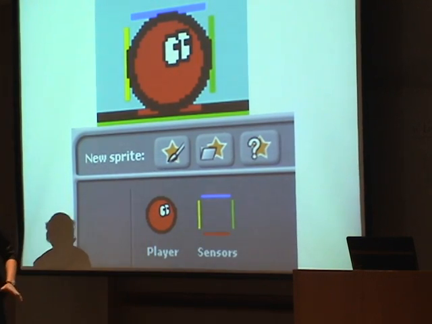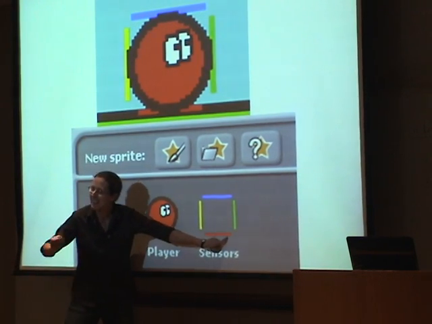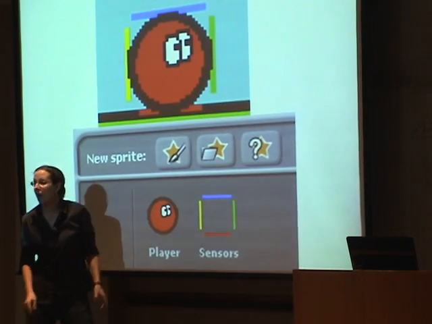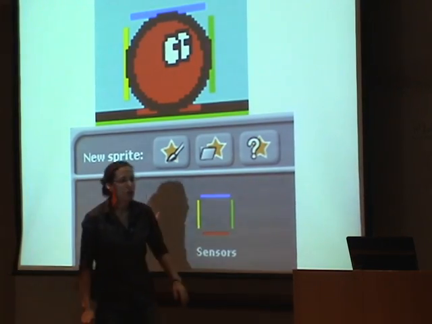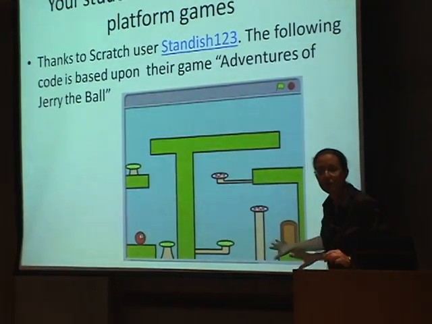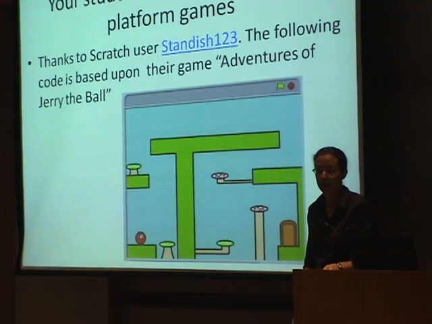But because they're there, I can detect if this color red, this exact color red, is touching a black line. So you'll notice in this picture before, all of the shapes that Standish123 drew all had black lines around the outside.